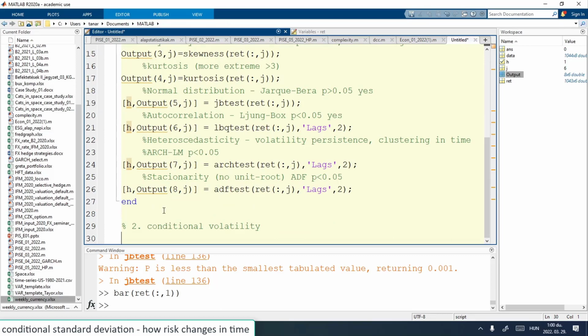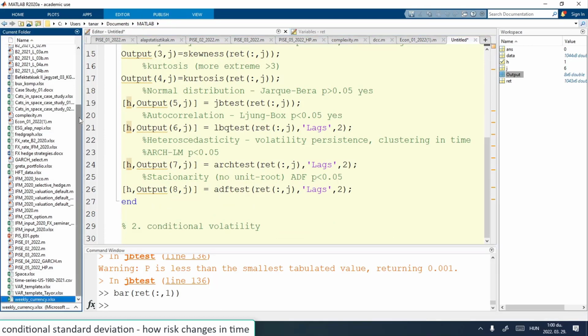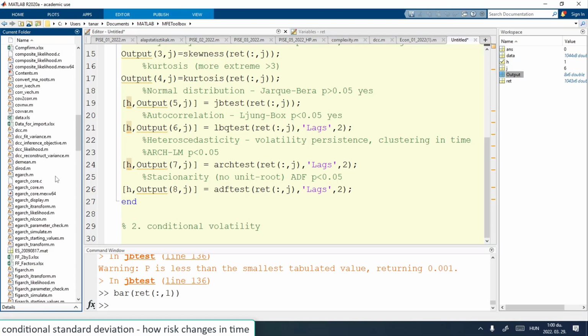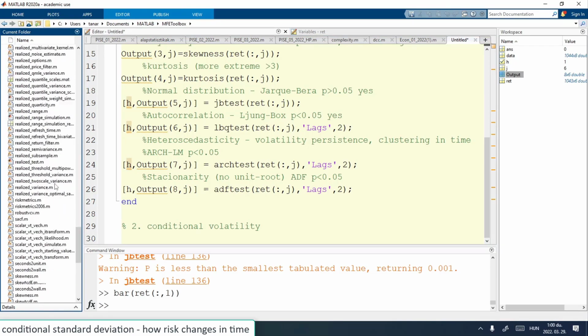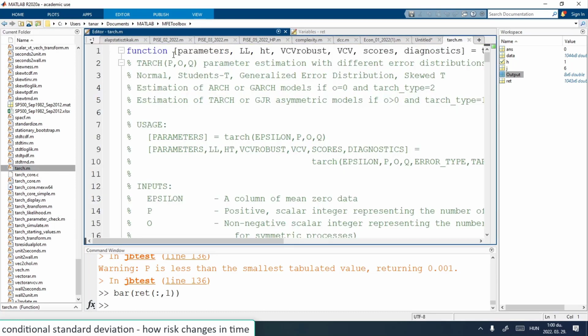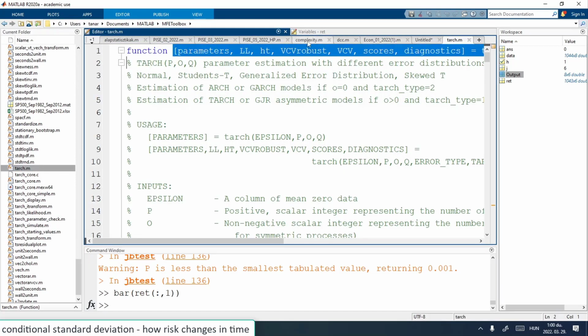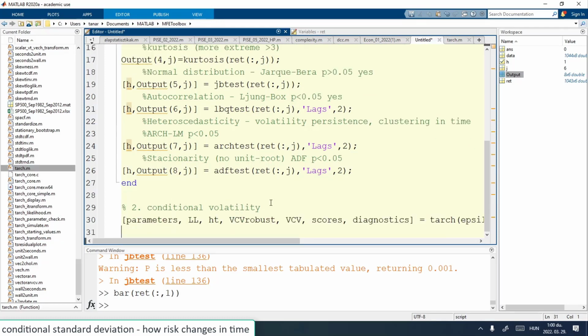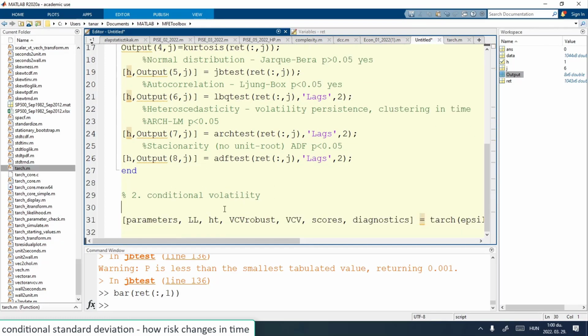So let's see just an old-fashioned DCC-GARCH model, which we were able to see last week during the presentation, and we don't need all this stuff.